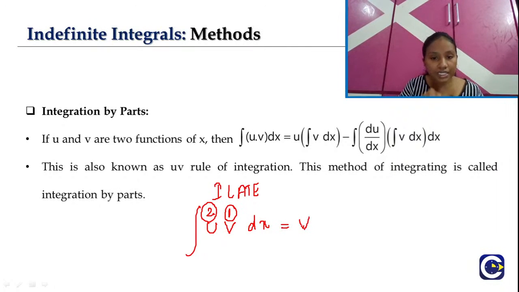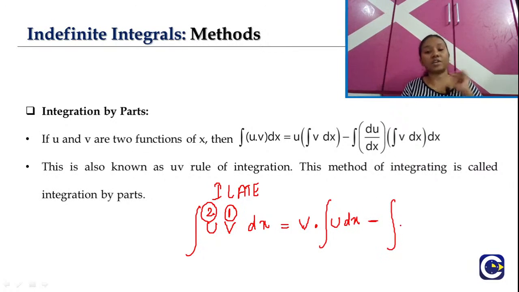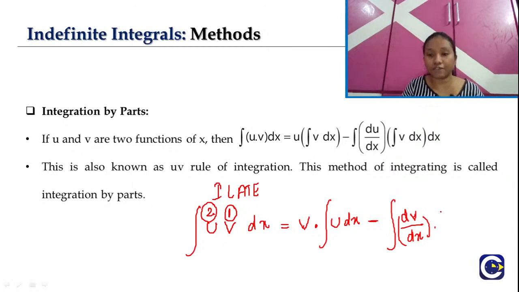First function, that is V, into integration of second function, that is integration of function U, minus integration of differentiation of first function, that is dV by dx, into integration of first function. Sorry, integration of differentiation of first function into integration of second function. So integration of second function is U here, so U dx, and the entire thing again dx.